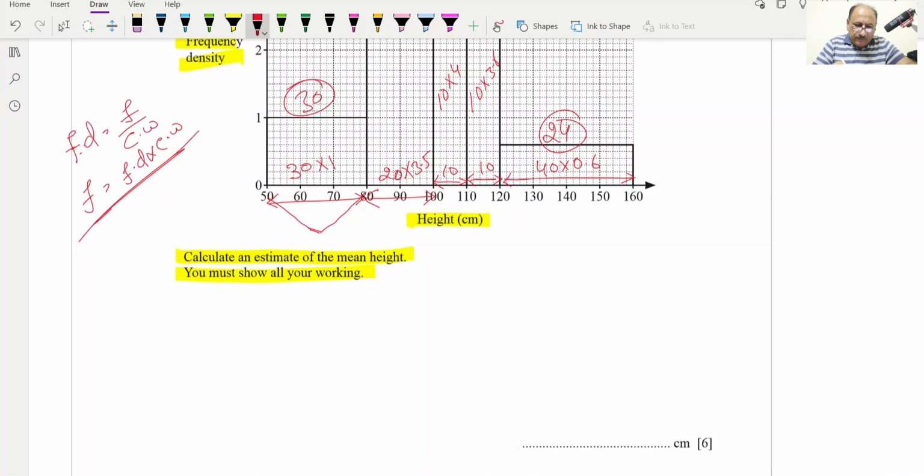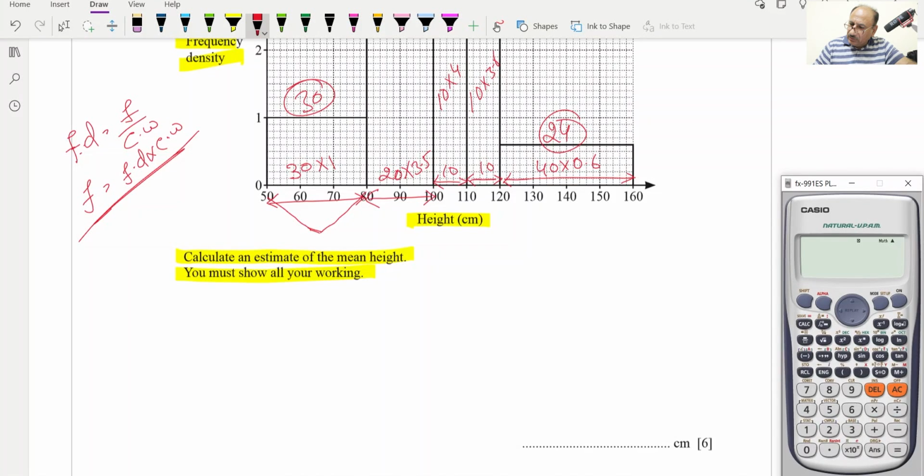If we check, this is 80 plus 50 divided by 2, so we can write 80 plus 50 and divided by 2 will be equal to 65.